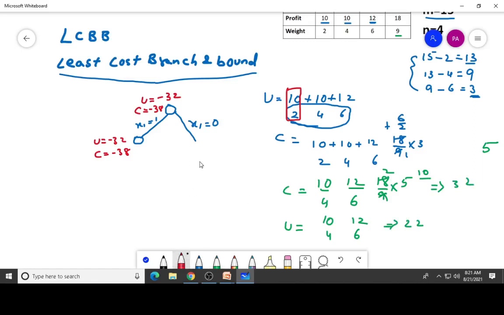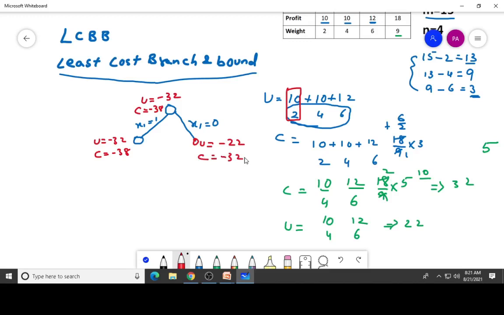So here when we take U, what is U? U is equal to minus 22. We are doing the minimizing, and C is equal to minus 32.